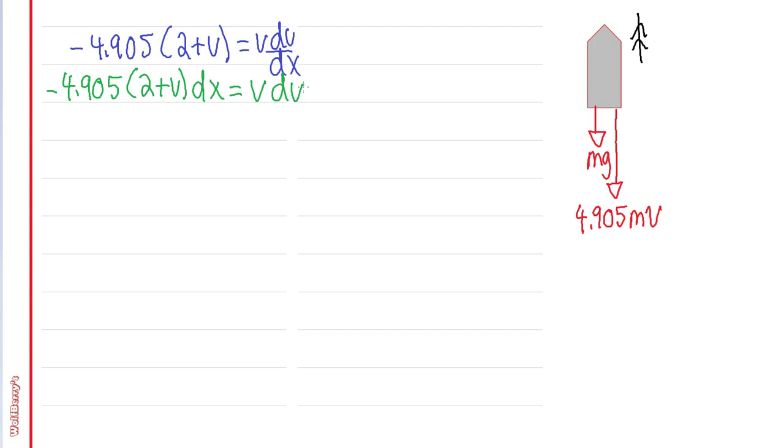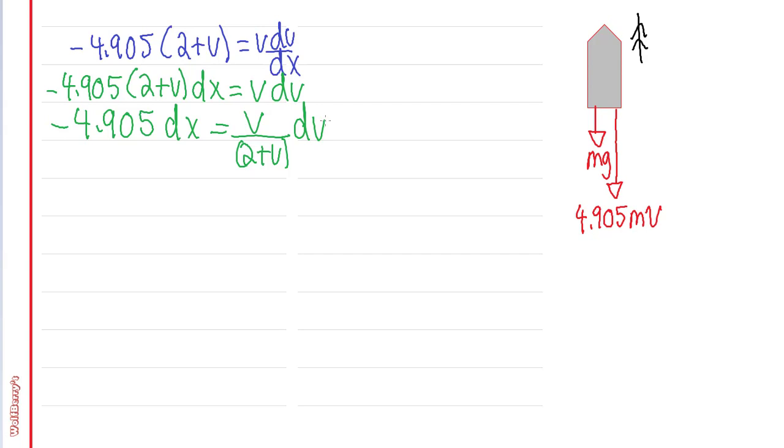We've moved the dx to the other side. Now let's divide both sides by 2 plus v. So it's going to become minus 4.905 dx equals v divided by 2 plus v, all multiplied by dv.